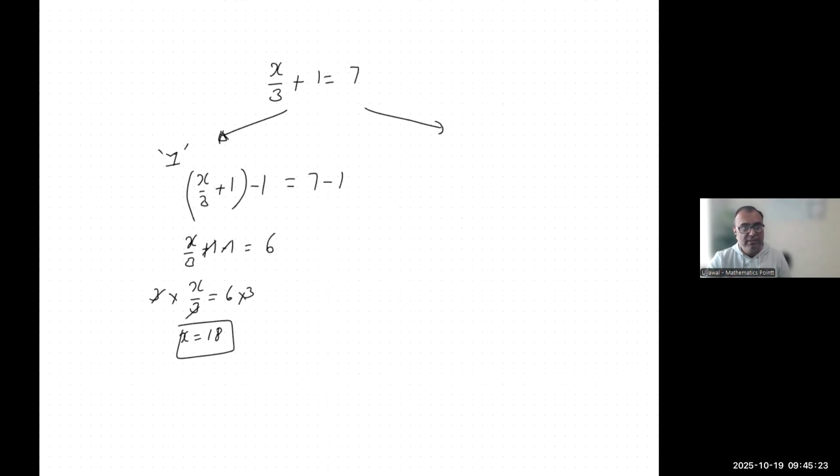All right, now the second way is, let's try to get rid of this 3 and see how it works. Now, this 3 is dividing the whole expression on the left hand side. So let's multiply the whole expression on the left hand side and the right hand side. Now, open the bracket and apply the distributive law.